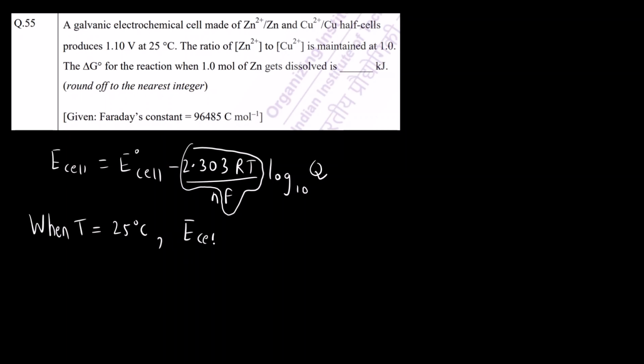So I can write E cell as E0 cell minus 0.0591 divided by n log to the base 10 of Q.